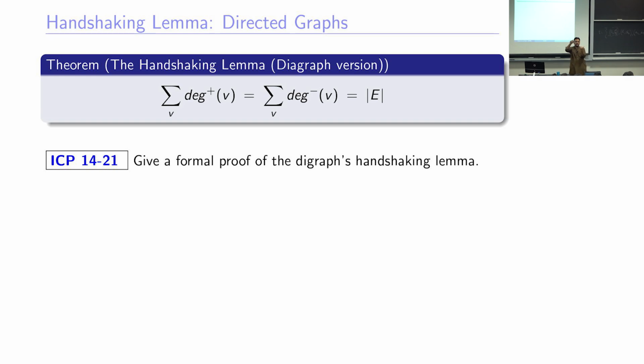An edge from A to B contributes 1 to the in degree of B and 1 to the out degree of A. Each edge is counted once from this side and once from that side when you calculate the sum of out degrees and the sum of in degrees. Okay? Clear?